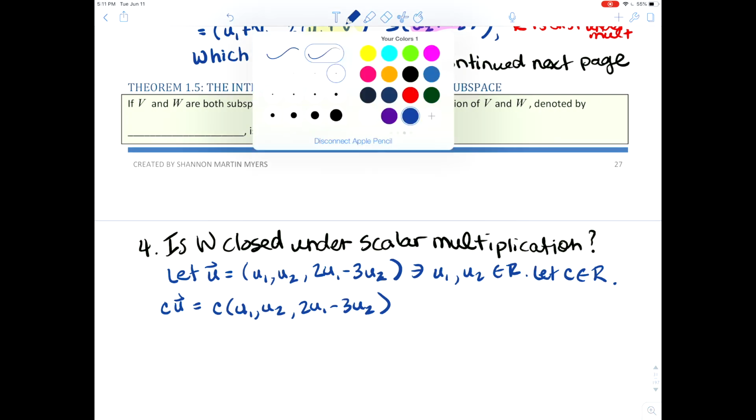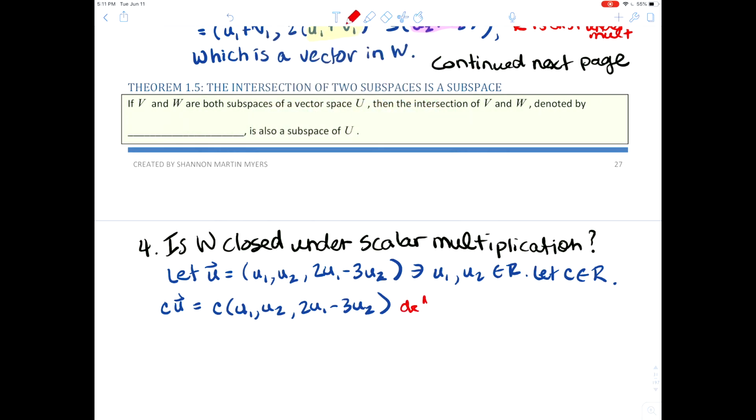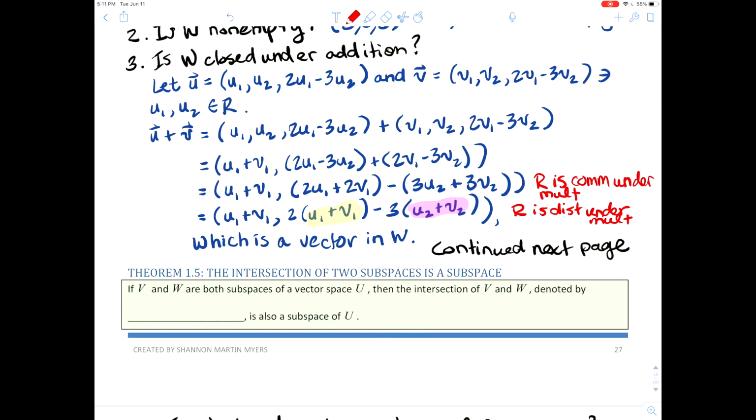And that's, of course, by definition of vector scalar multiplication. I think I missed something up here. This was because from definition of vector addition.